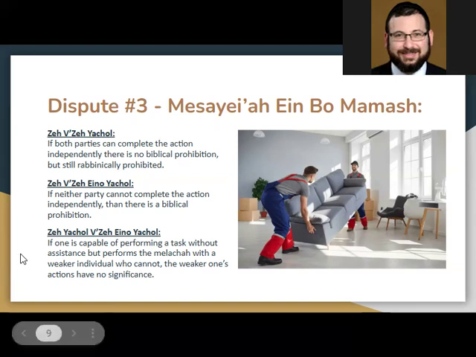Let's imagine that you get your friend, neighbor, spouse, brother, or sister, and you both open the refrigerator door together. That would probably not be a biblical prohibition, but there might be a rabbinic one, depending on the situation. When it comes to refrigerators, we're much more lenient because we want people to be able to eat on Shabbos.